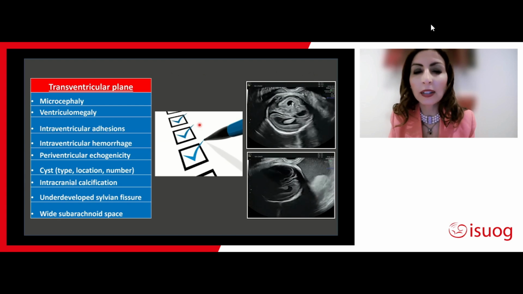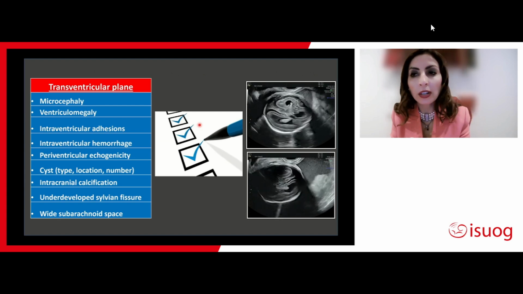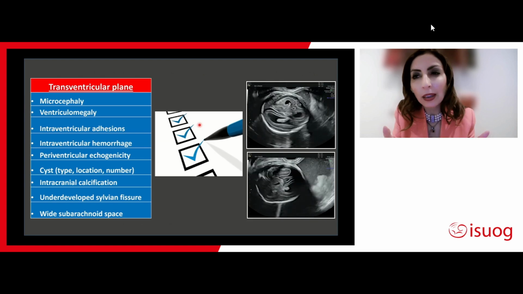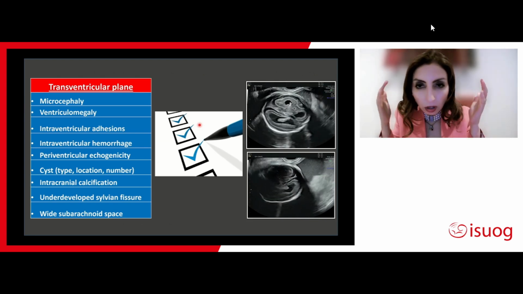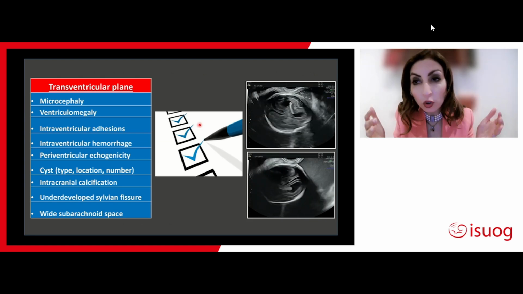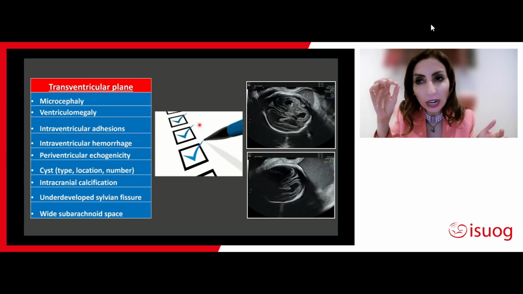If you do your neurosonography, it's not just looking, it's looking with a target, meaning I know what I'm looking for, and I have a checklist for each of these planes.